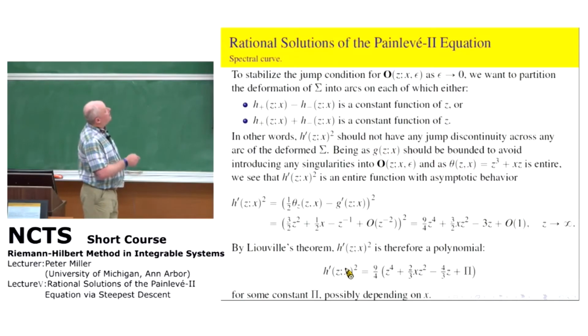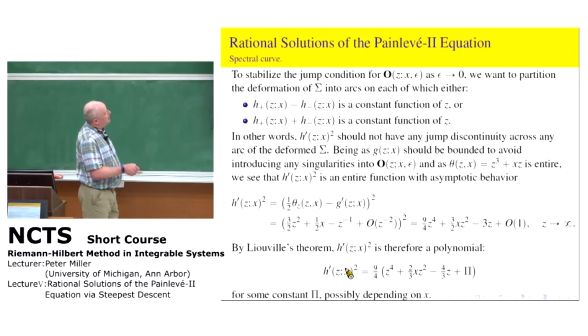Okay, so to stabilize the jump condition for O in the limit when epsilon goes to 0, what we want to do is somehow partition the deformation of the contour sigma that I still have to explain into some arcs. And on each one of these arcs, we either want to have that h plus minus h minus is a constant function of z, or perhaps on some other arcs, I want that h plus plus h minus is a constant function of z.